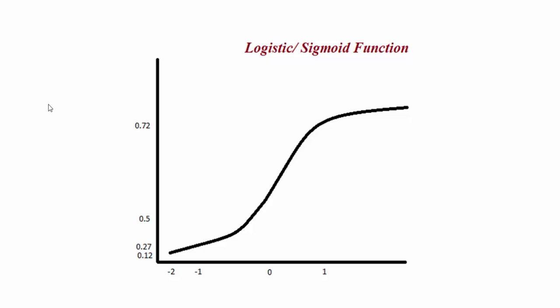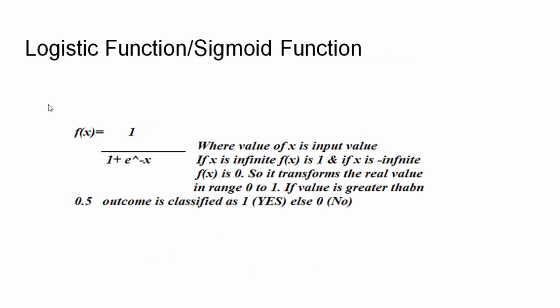Now, what is the logistic or sigmoid function? If you look at this slide, I have drawn an S-shaped graph in which the values lie between 0 and 1. So, this is a function which will transform the input values into a range of 0 to 1.